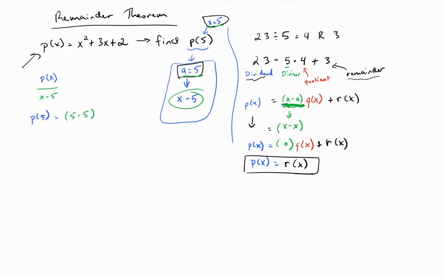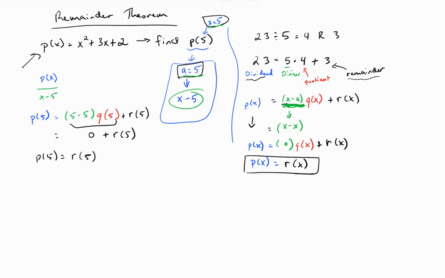And then q of 5, the quotient when x is 5, which I don't know, but I really don't care either, plus the remainder when x is 5. Oh, well, that just leaves me with a big fat 0 right here. 5 minus 5 is 0, times anything is just going to give me a 0, plus r of 5. So p of 5 is just going to equal r of 5.